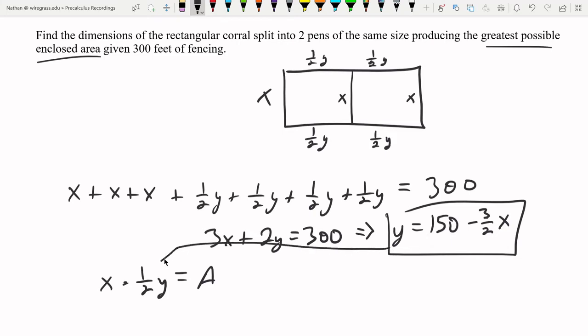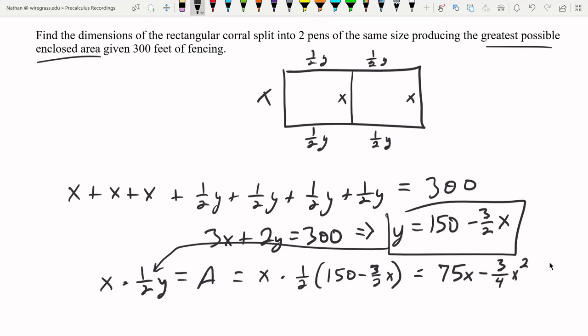That means I can plug that into here, giving me x times 1/2 of 150 minus 3/2 x. This is a quadratic equation. It's going to be, let's see, 75x minus 3/4 x squared.